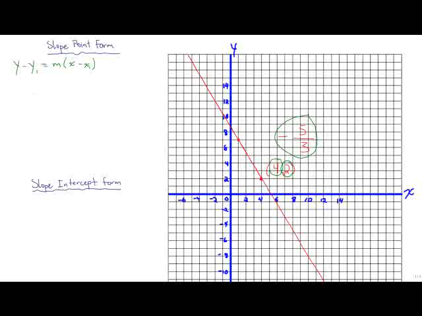So the slope point form equation of this graph is y minus 2 equals our slope, which is negative 5/3, times x minus 4. And once again, you can just see our values that have been substituted. Here's our y from the graph, which was 2. Our x was 4. And our slope is negative 5/3.